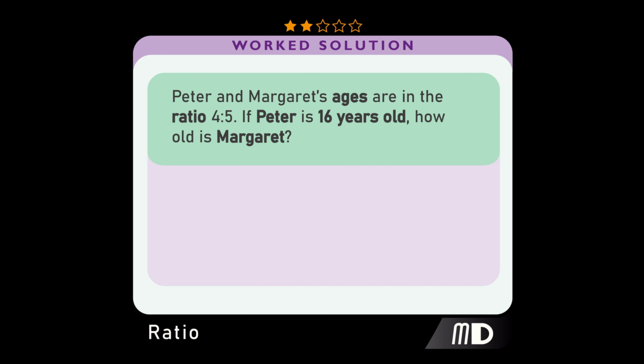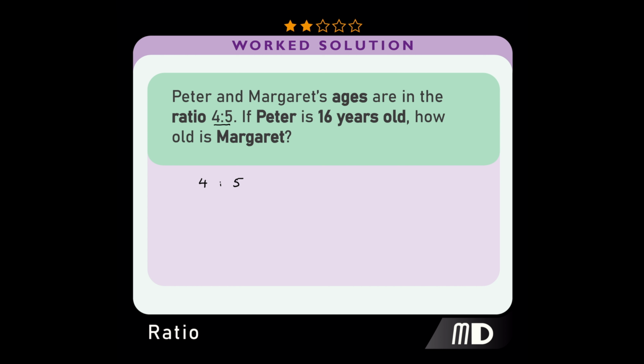We can double their ages again to answer this question, but we're going to use an algebraic method that can be applied to answer ratio questions more broadly. Let's begin by writing the ratio given to us, which is 4:5.